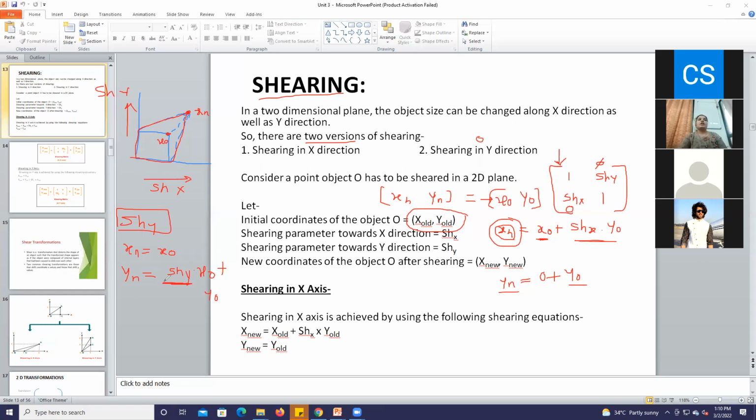Okay, so that is how x is not going to change with shy, but yn or y is changing with this amount. We are adding this amount to the original y0 and getting the new y value. So the shear along y will change the y parameter only, where x will be remaining constant.